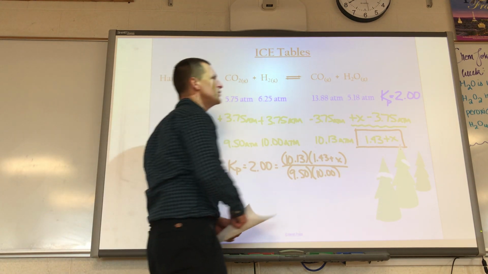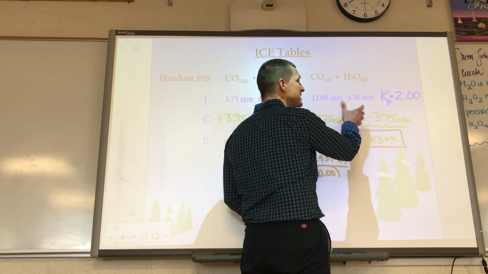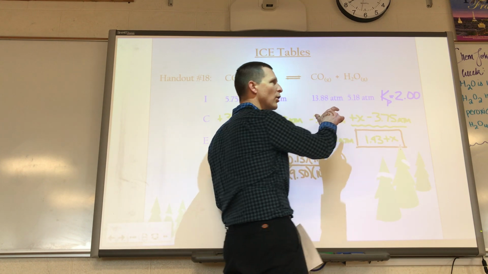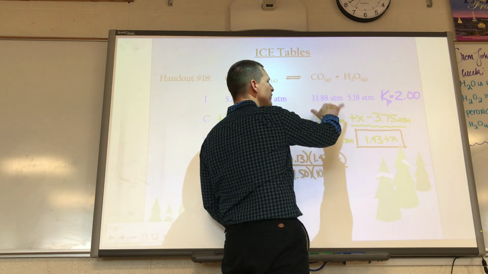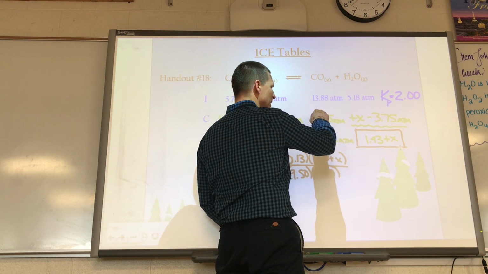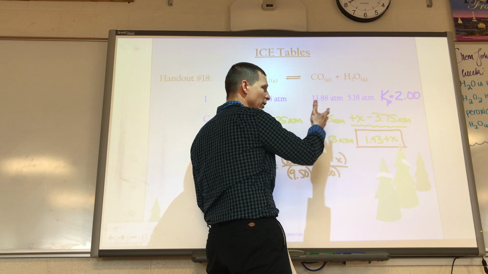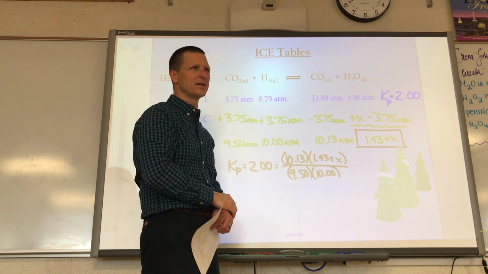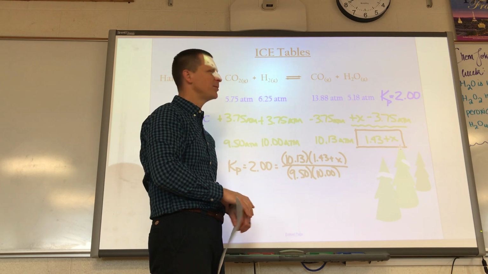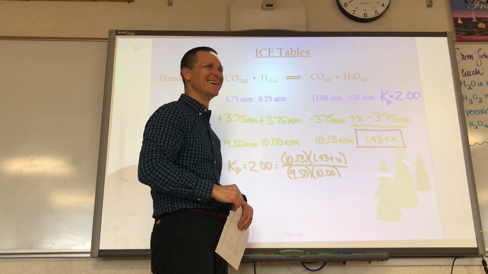If it says the same amount of H2O and CO are added, we'll be able to do it. But if different amounts are added, that'll be a different variable. And we only have one equation, and with only one equation, you can only solve for one variable. There would have to be a relationship between the two. Okay, good question.